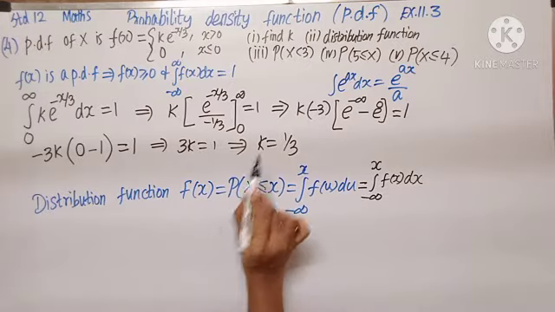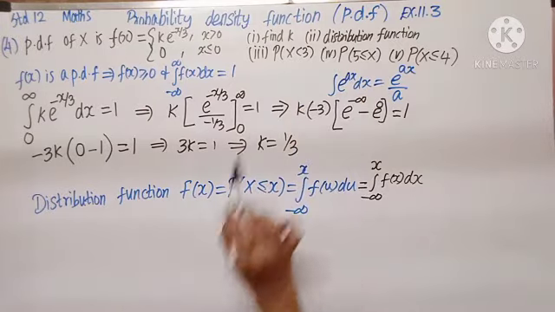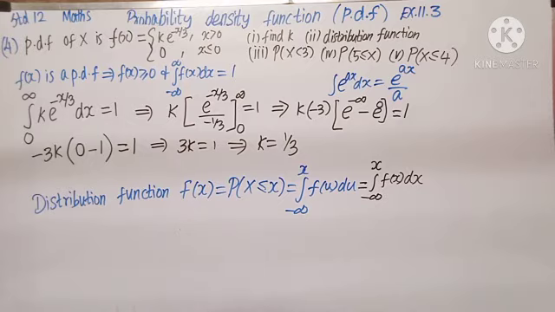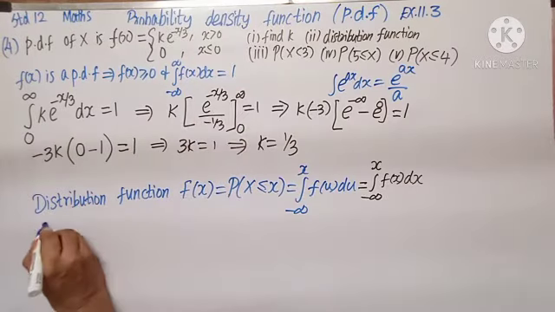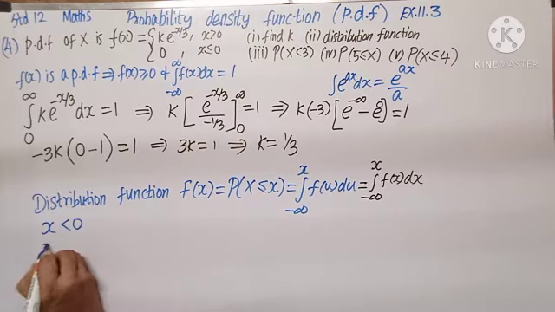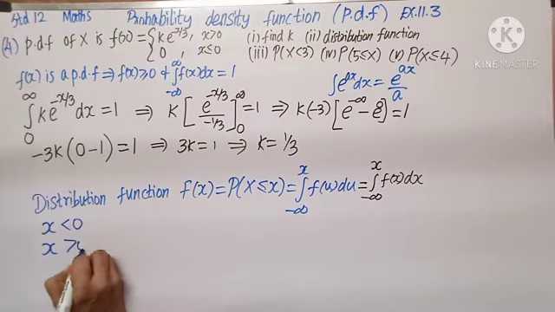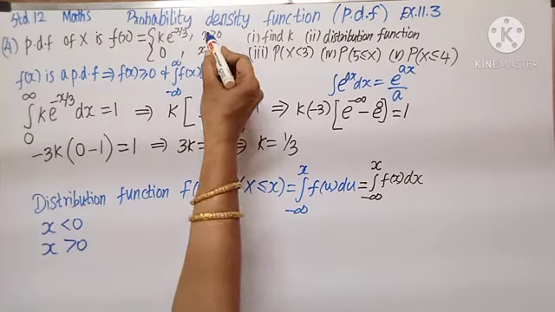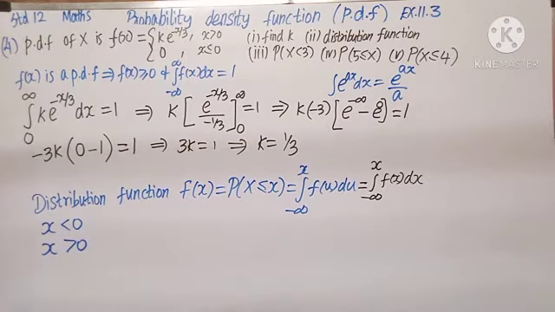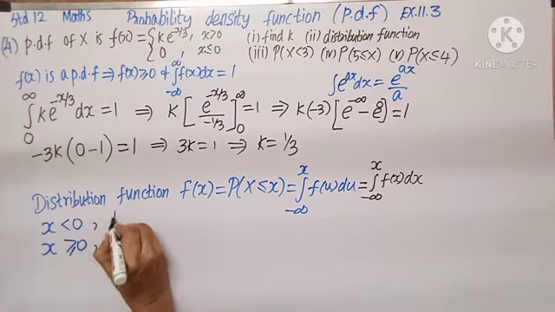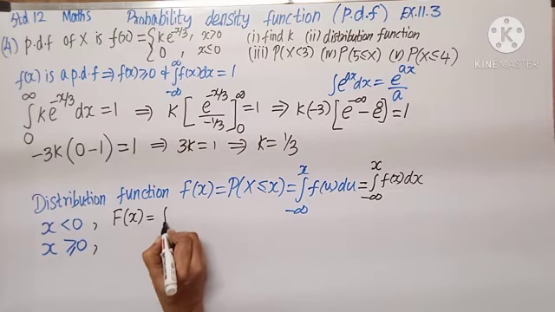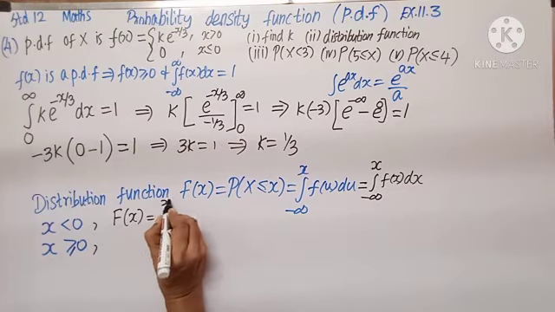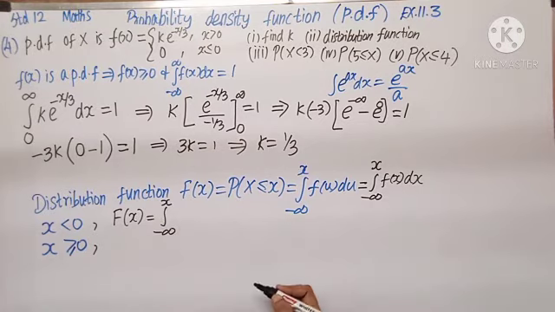As we found out k, the second part is the distribution function capital F of x, which is the integral from minus infinity to x of f of x dx. In this question, we have the limits x below 0 and x above 0. There are two cases. What is the formula? F of x is integral minus infinity to x f of x dx.